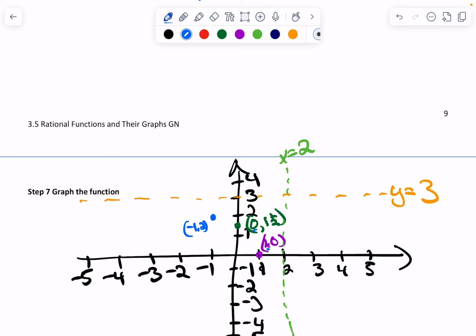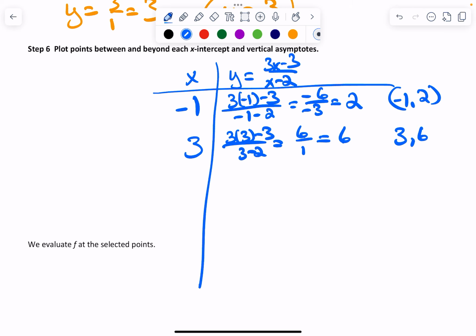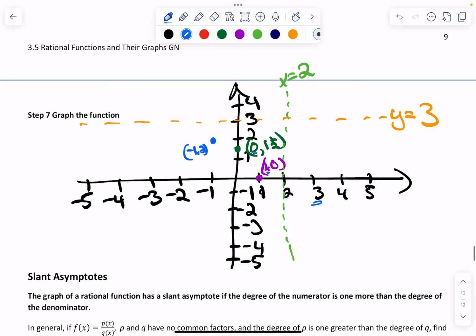Okay, then I would keep going to the right and take x equals 3 and see what happens. 3 times 3 minus 3 over 3 minus 2. 6 divided by 1 is 6. So our point is 3, 6, somewhere here.